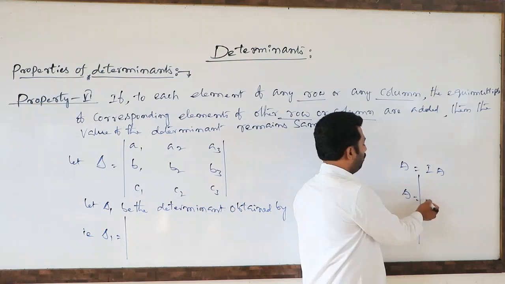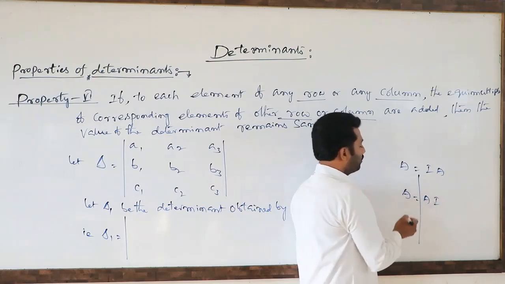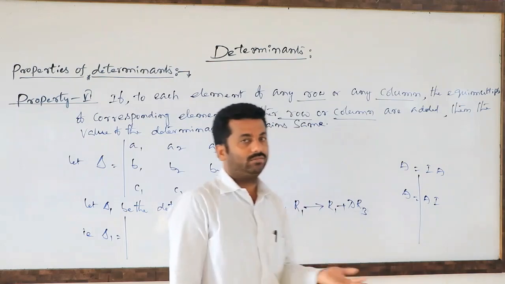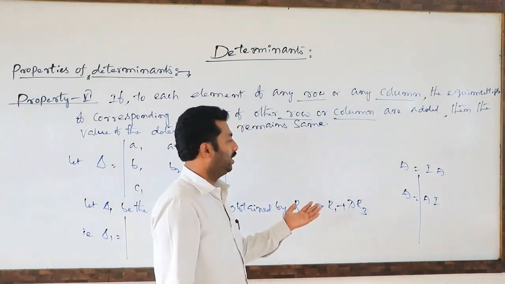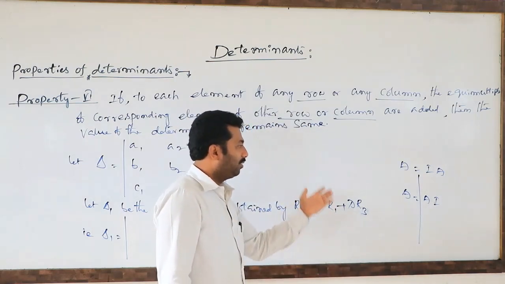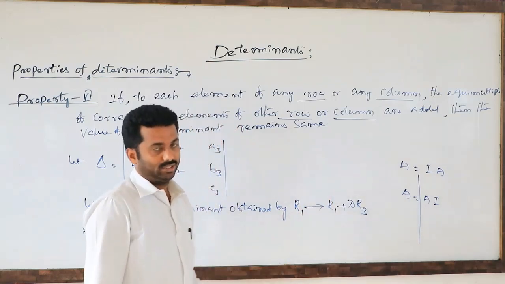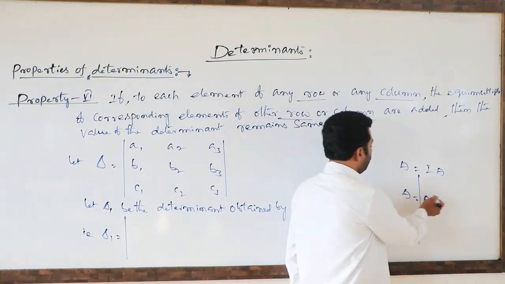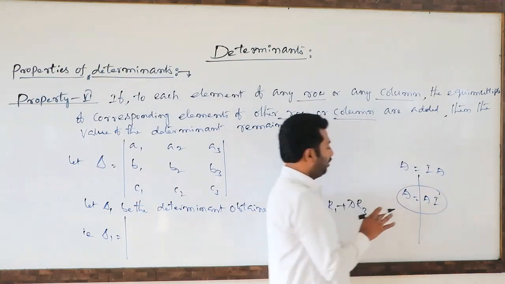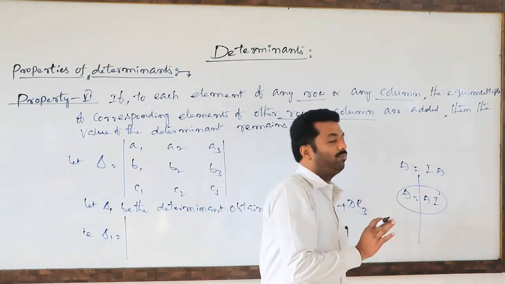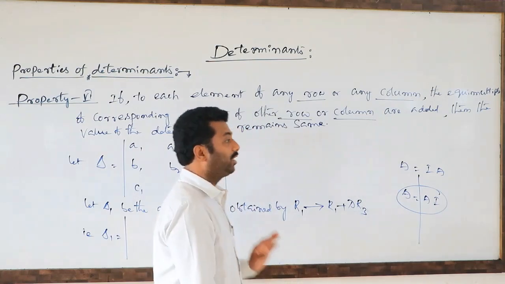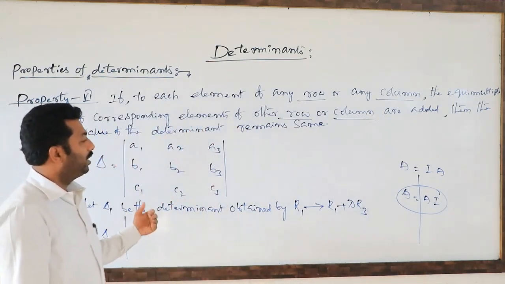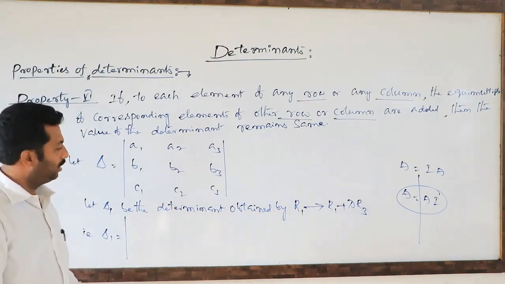A is equal to A into I means only column operations. Once you start row operations, in the middle of the problem you should not apply any column operations. At the same time, if we start with column operations, in between we should not apply any row operations. But in determinants it is not like that. Wherever you want, you can take any operations.